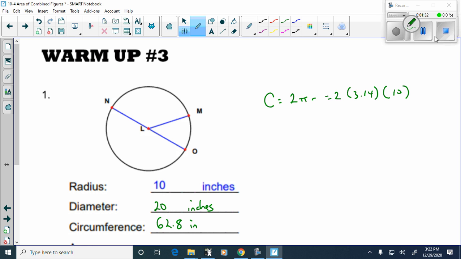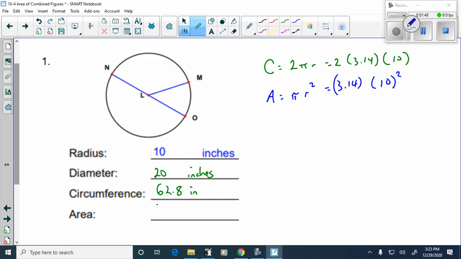And the area is pi r squared, or 3.14 times 10 squared, or 314 square inches.